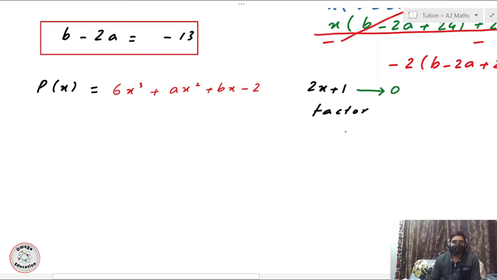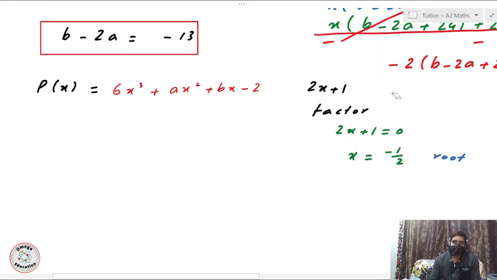So what I'm going to do is, if 2x plus 1 equals 0, that implies x equals minus 1 over 2. Now, this is the root of that polynomial.